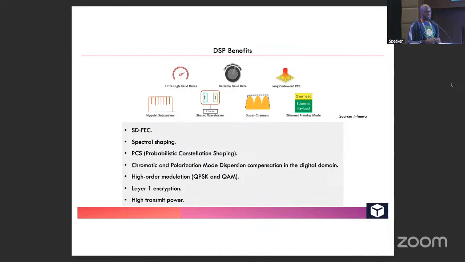Probabilistic constellation shaping, PCS, is another new capability that's come online with the coherent technology. What PCS does is it concentrates, within the optical constellation, where you have the symbols, the energy in the places that consume the least amount of power, which is normally inside within the constellation as opposed to the margins of the constellation.